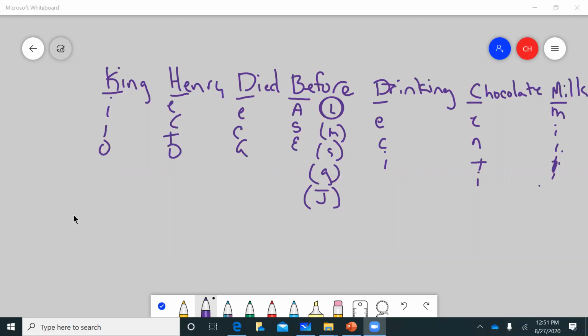So let's say that we're given 22.5 grams. All right, awesome.